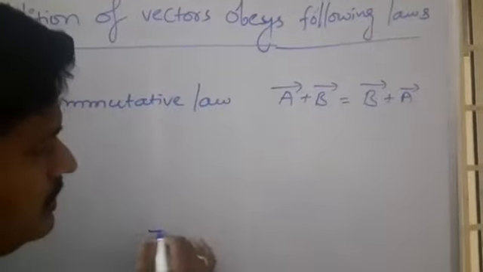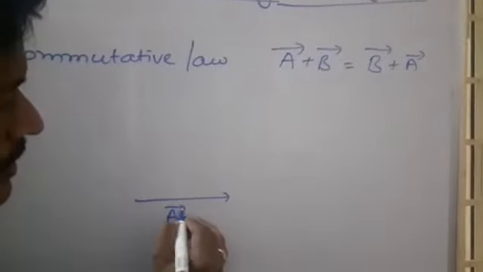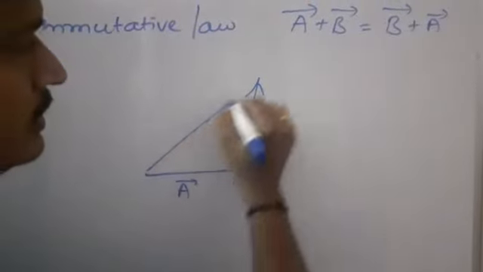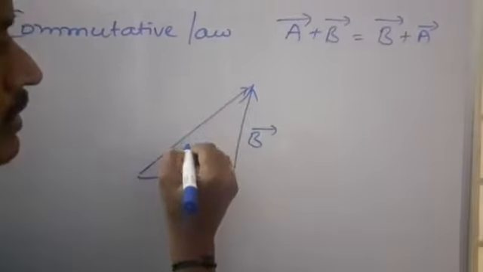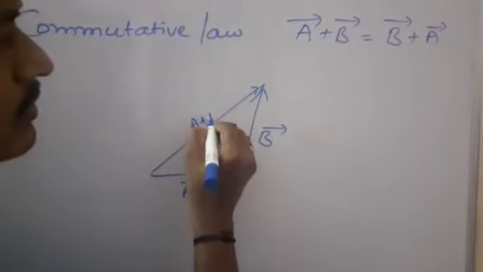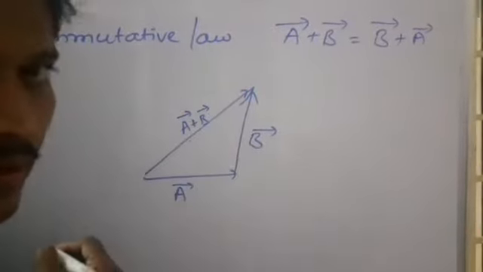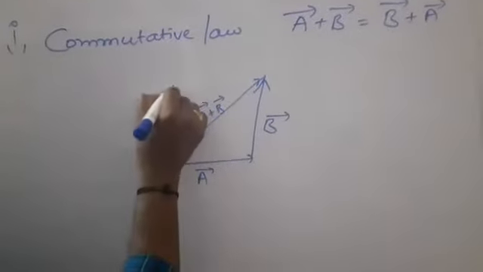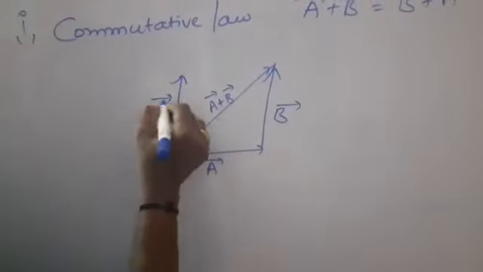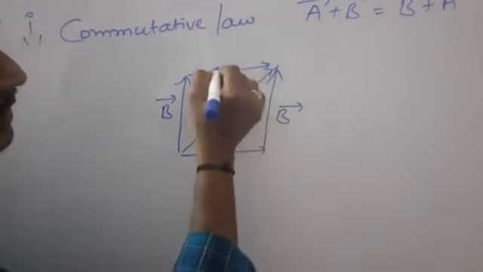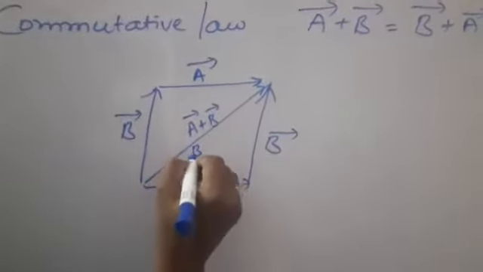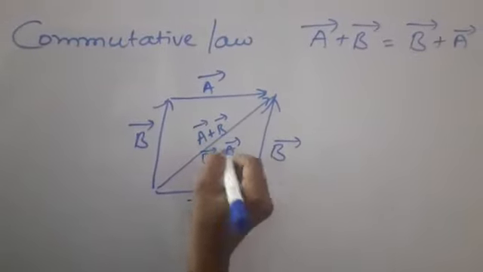So this is the a vector, added with the b vector. The result is a bar plus b bar. Otherwise, if the b vector is added with a, we get the same result, that is b bar plus a bar.